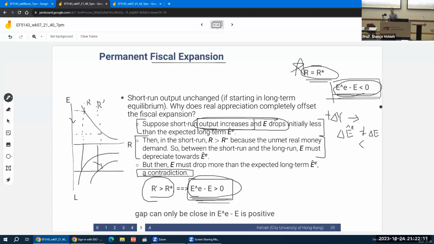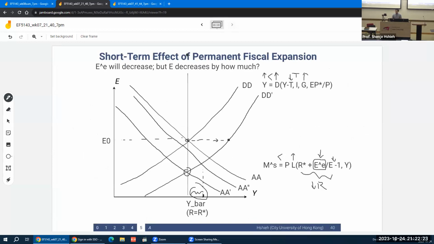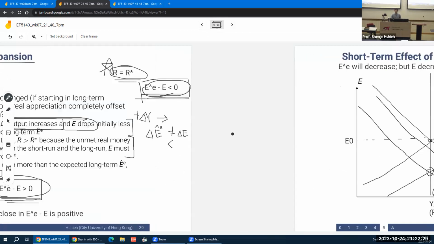If E doesn't change as much as E hat E, then the value of E is still larger than E hat E. And so the difference between E hat E minus E is going to be negative, right? So after we hypothesize this point, that's our hypothesis, we can therefore go through the chain of logic.